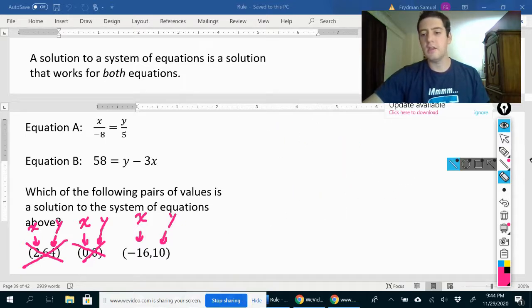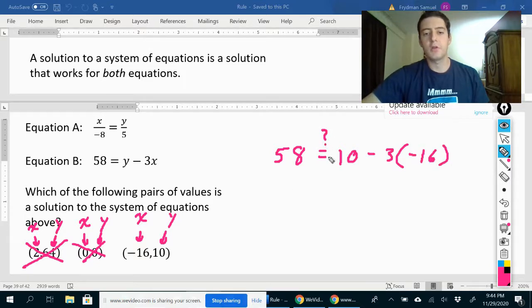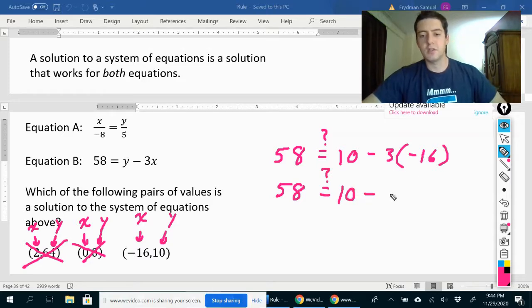So let's plug the x and y values in here, and we have 58 equals, let's see, my y value is 10, so I'll put that in here for y, minus 3 times, and then x is -16. I'll put my question mark because I don't know yet. Is 58 equal to 10 minus 3 times -16? 3 times -16 is going to give me -48. So now I have 10 minus -48, and whenever you see minus negative, you can just replace that with a plus.